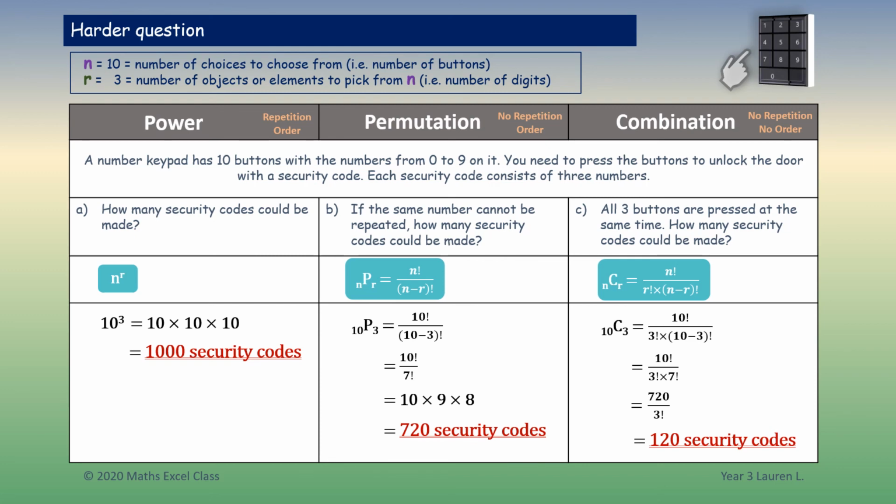So in this case, we could also use the permutation divided by 3's factorial. It doesn't always necessarily have to be 3's factorial in any other question, but in this case it is 3's factorial. So our answer would be 720 divided by 3's factorial, and that means our answer is 120.